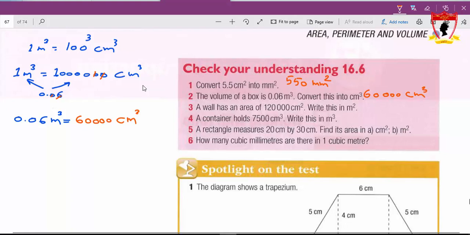Question 3. A wall has an area of 120,000 centimeters square. Write this in meter square. Then let's create the relation again.